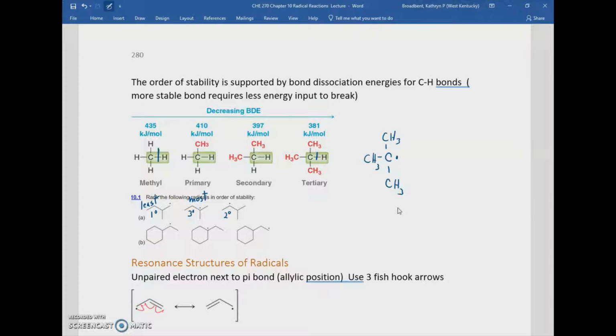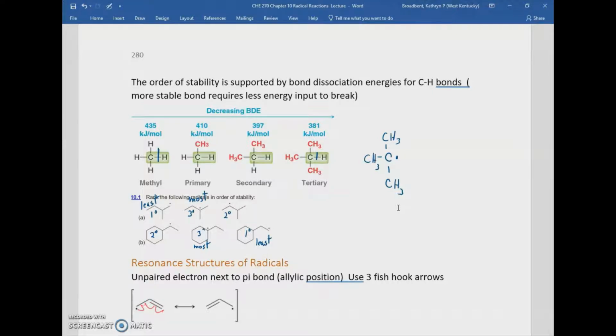Again, this one is secondary, this one is tertiary, and this one is primary. So we would expect the tertiary to be the most stable and the primary to be the least stable, and the secondary to be in between.